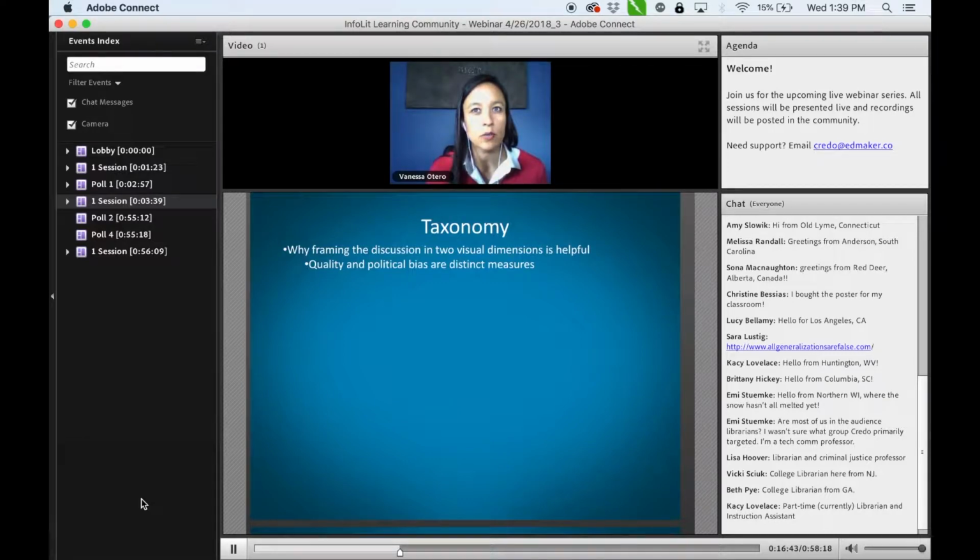I just wanted to make sure that I included sources that were in each category, and there is some correlation. There is some overlap between quality measures and bias measures, which contributes in part to the bell-shaped curve.